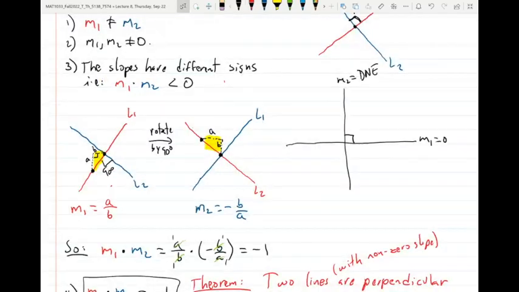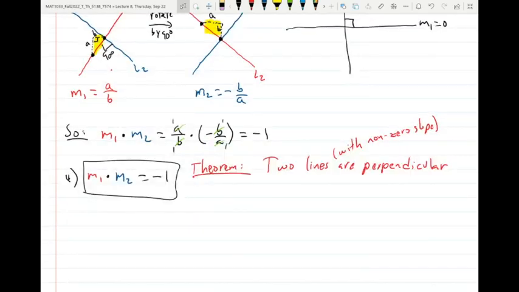Here the product is not -1 because one of them does not exist, okay? So two lines with non-zero slopes are perpendicular if and only if, which means it works both ways, okay? If and only if the product of their slopes is -1.